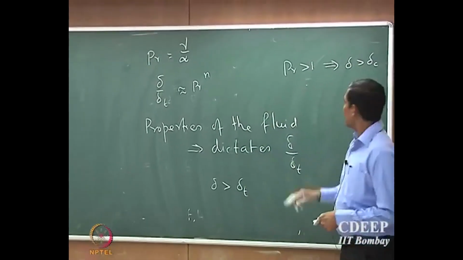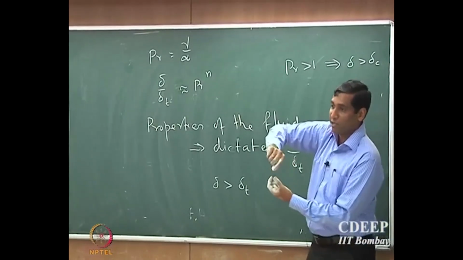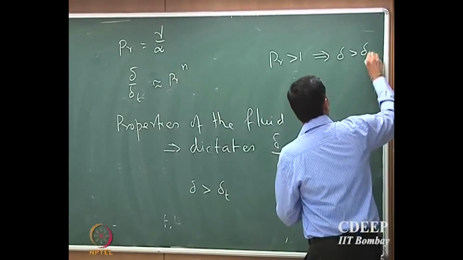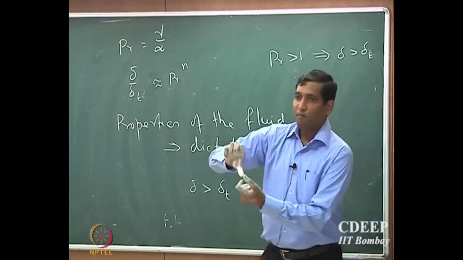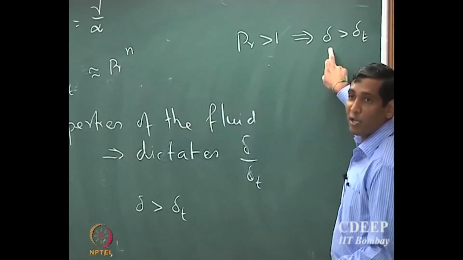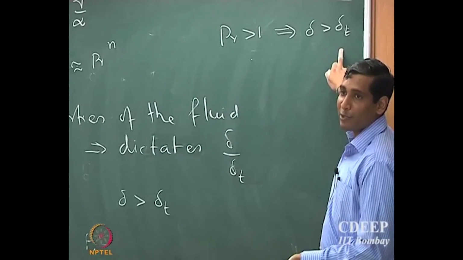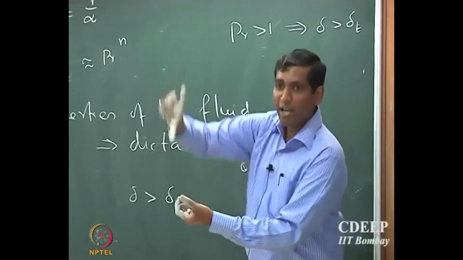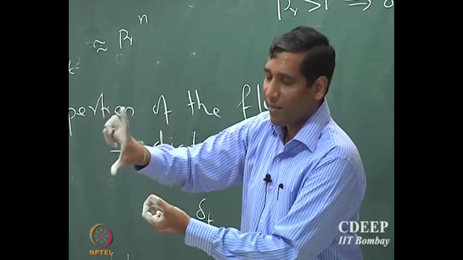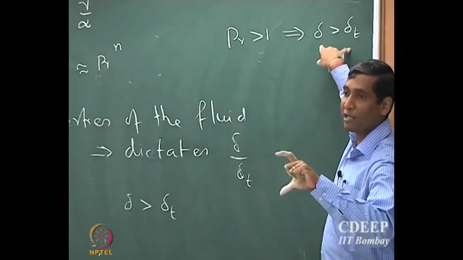What does it mean? So the momentum transport depends upon the boundary layer thickness and the heat transport depends upon the thermal boundary layer thickness. So the length scales of diffusion of momentum and of heat, these two are going to strongly depend upon the boundary layer thicknesses.